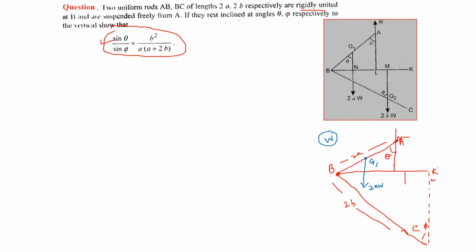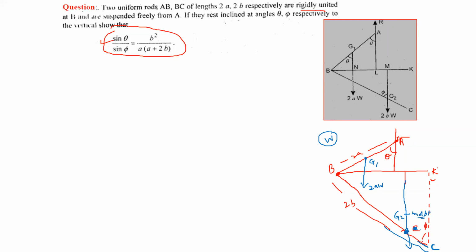Similarly, this is also a uniform rod. Let us suppose C is here, and this is the midpoint G2 because it is also uniform. So its center of gravity must act at the midpoint. G2 is the midpoint, you have to remember it.